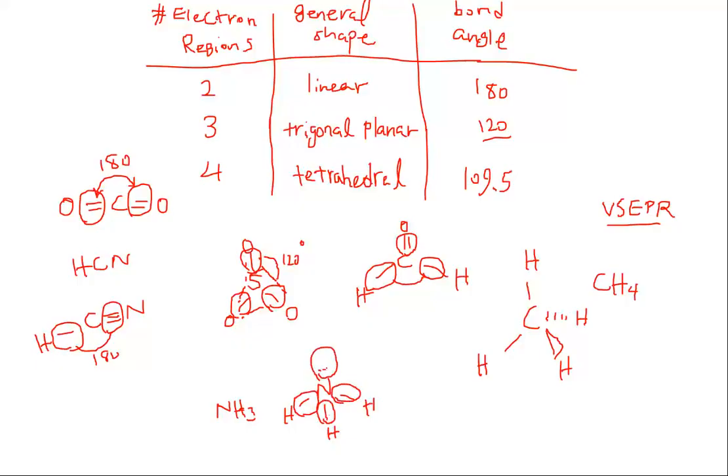Here the lone pair is counted as 1 electron region. So the angles are roughly 109, but because the lone pair is more free to move, it exerts more repulsion on the bonding pairs. That's why the angles here will be 107 instead of 109.5. But generally the form of the molecule is tetrahedral.